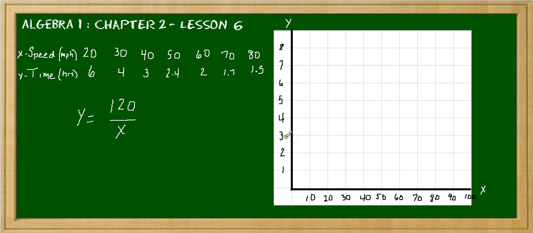When you create a scale like this, if this is 10 here, then this ought to be 20, and this ought to be 30. You shouldn't say, this is 10, I'll make this 30, I'll make this 40. The distance between each of these should be the same in terms of value. So I started at 0, I went to 10. That means every one of these lines ought to go up by 10.